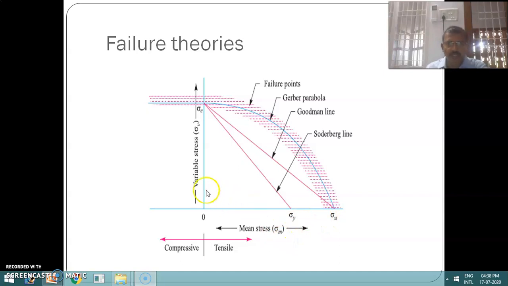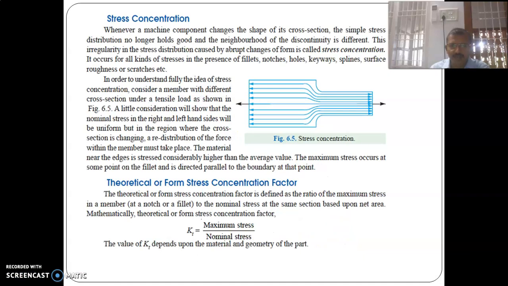In the Soderberg equation, we have used sigma y instead of sigma u. The three failure theories are plotted here. This is sigma u. This is the Goodman equation. This is sigma y, the Soderberg formula, and the Gerber formula is a parabolic line. These are all the failure points.